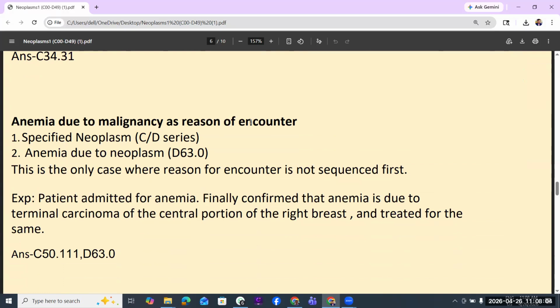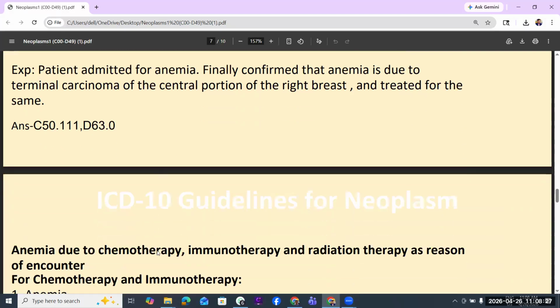So this is the exception of anemia when we are coding neoplasm as the primary. Example: patient admitted for anemia, finally confirmed that the anemia is due to terminal carcinoma of the central portion of the right breast, and treated for the same. ICD codes C50.111, D63.0. So this is an example we need to learn.